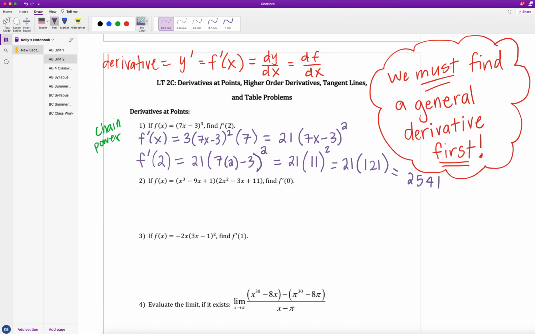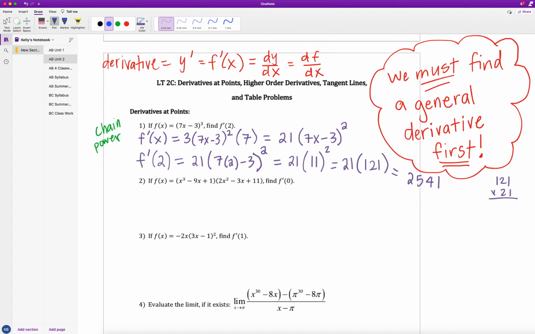Now, of course, these numbers got very large compared to numbers that you would see on a multiple choice section on an AP test. So keep that in mind. Although we did not use a calculator here, you could always write out on the side 121 times 21 and do some good old-fashioned multiplication for that.